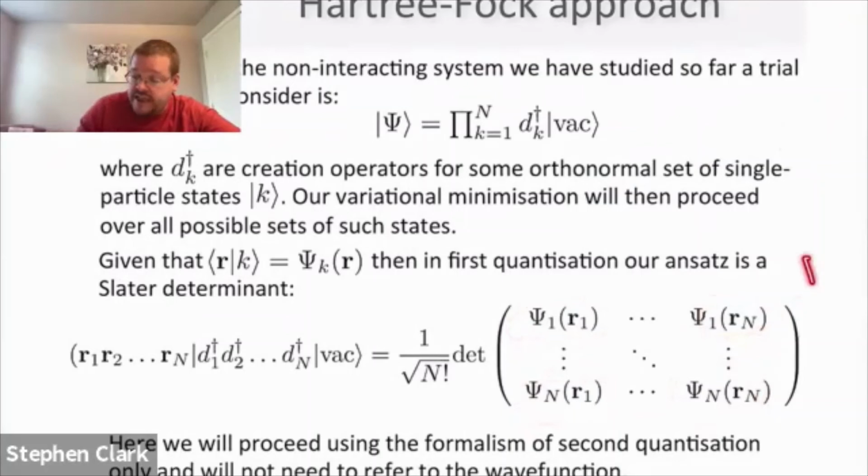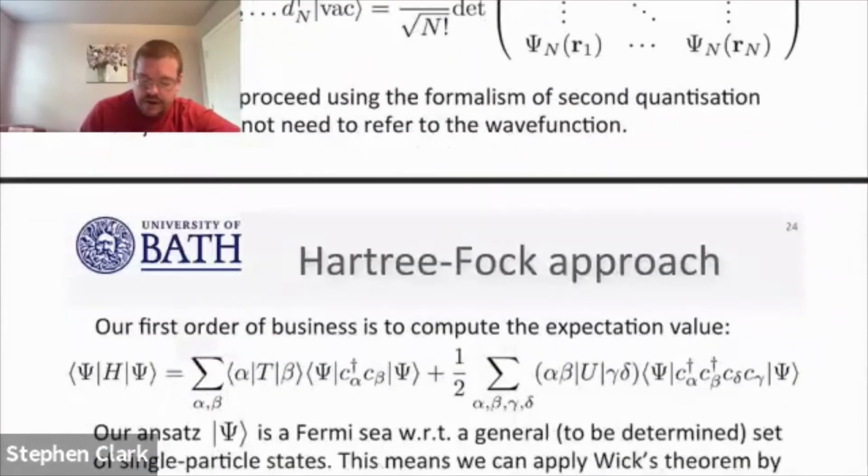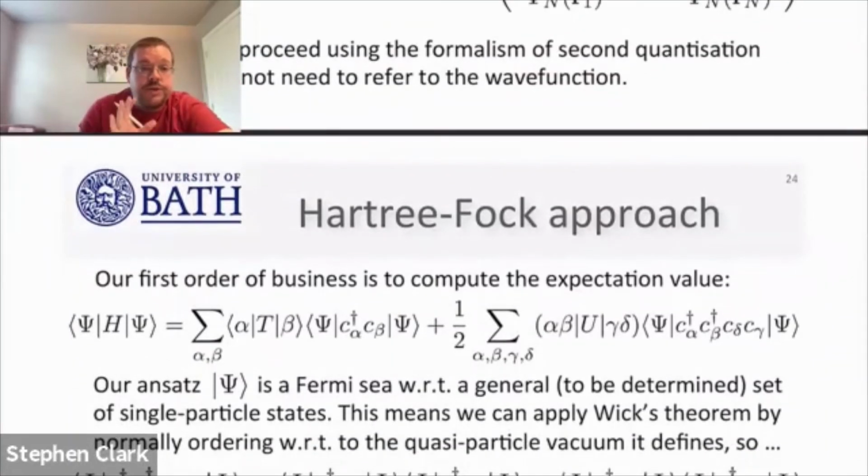And you can proceed in a first quantized way. And indeed, if you look in some textbooks, they will have the Hartree-Fock written in first quantization. That's fine. We're not going to do it in first quantization. We're going to do it in second quantization. So we won't need to refer to a real space wave function. We're going to keep it all in second quantized notation. Okay, so what do we need to do? Well, as I showed you, for the variational principle, you need to compute the expectation value of the energy.